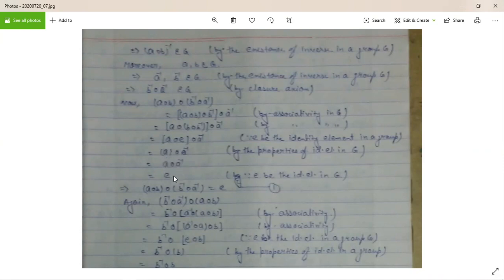Again a ∘ a⁻¹ is equal to e, with the help of properties of identity element and inverse, and e is the identity element in a group G. Therefore we can say that (a ∘ b) ∘ (b⁻¹ ∘ a⁻¹) equals e. That means the inverse of a ∘ b is equal to b⁻¹ ∘ a⁻¹. Inverse of a ∘ b equals b⁻¹ ∘ a⁻¹.